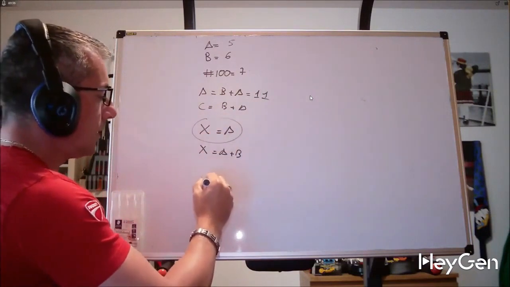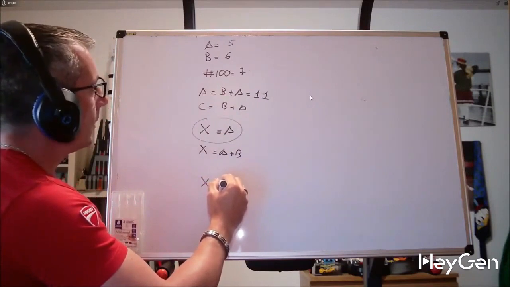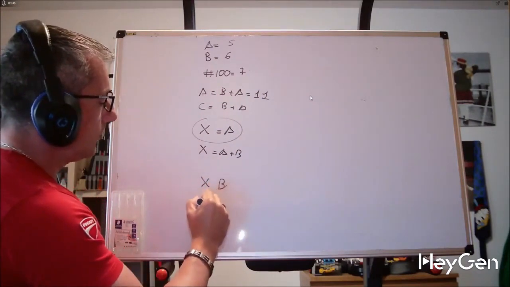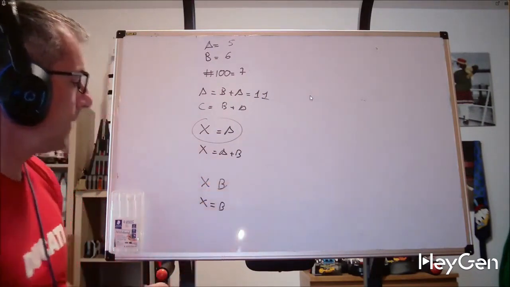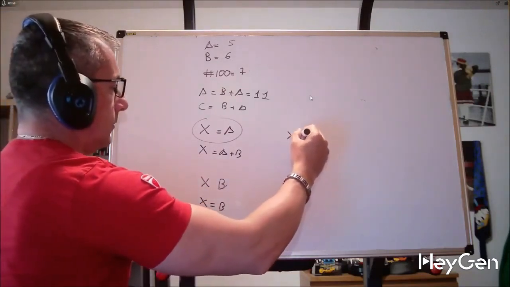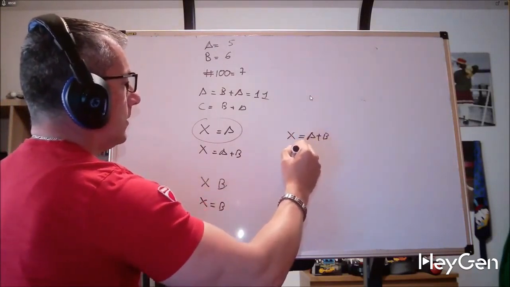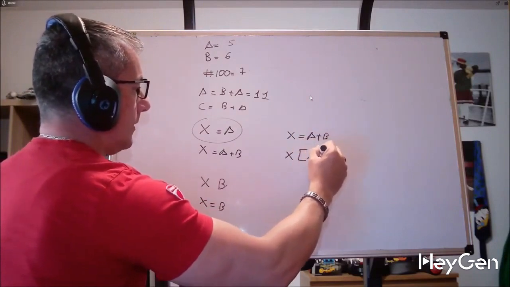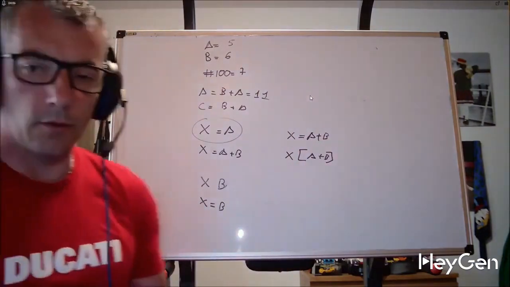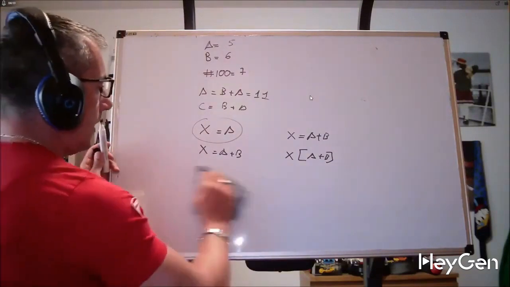So some CNCs might require you to input x equals a plus b, others x, open square bracket, a plus b, close square bracket. Just know that it can be done. How it can be done, the CNC machine manual will tell you.